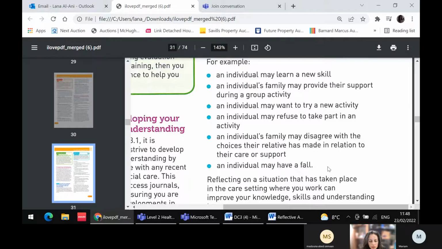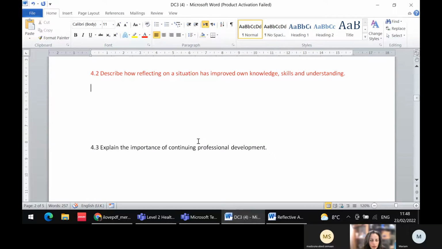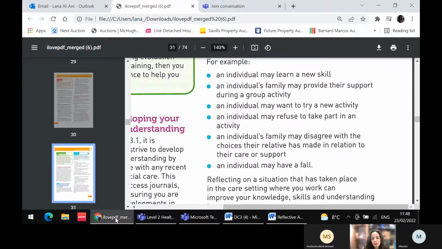An individual may have a fall. So you need just to reflect on your own knowledge and experience. So how reflecting on a situation has improved your own knowledge. Can we think about any situation? So as you can see here in the book, it says a client may have a fall.